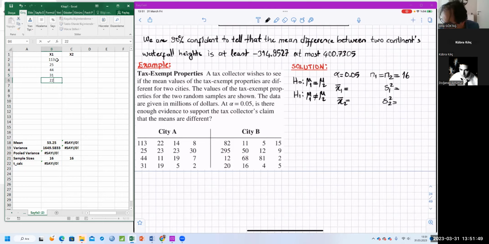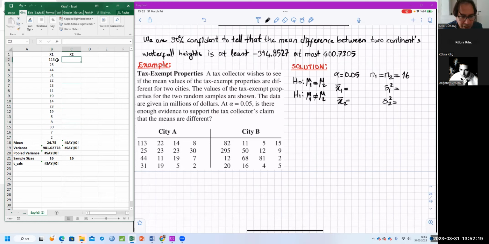The next one is 22. The next one is 23, 11, 19, 14, 23, 19, 5, 8, 37. This is 2. Yeah. And completed the first sample.